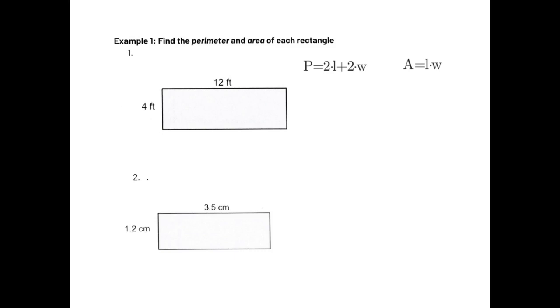Let's go ahead and take a look at a few practice problems for perimeter and area. We do have these formulas. This formula for perimeter really specifically applies because they are both rectangles. So I'm just going to go ahead and do the perimeter first for this first problem using the side lengths of 4 and 12. It doesn't really matter which one you put where as far as length and width, but normally we do consider the long side to be the length and the shorter side to be the width.